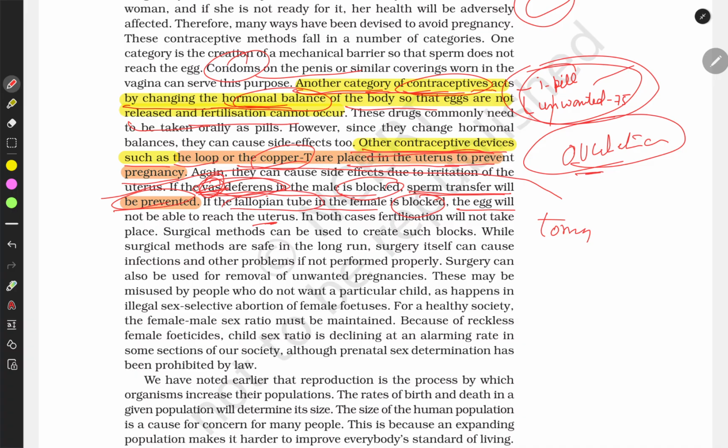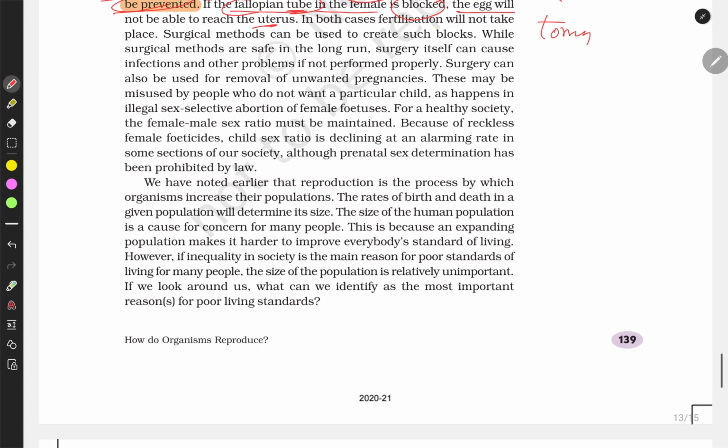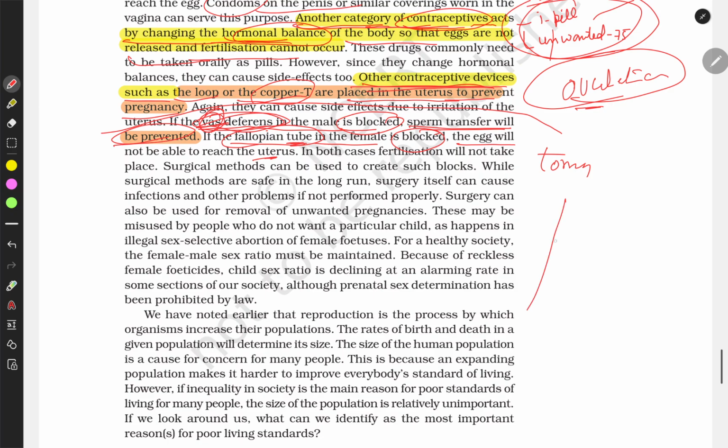And when the fallopian tube is cut, we call it tubectomy. So suppose this is a tube, so it is cut this way, so it bends this way, so it is like tightly roped here. So this is how we cut the tubes.